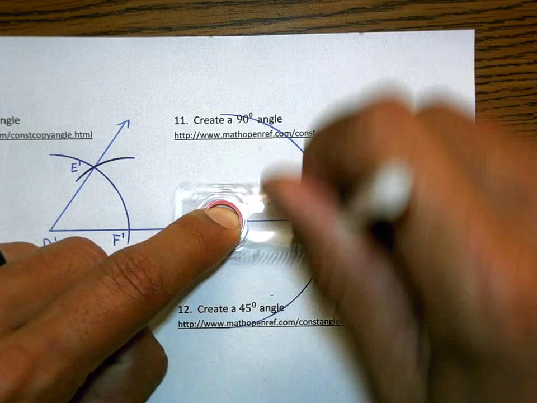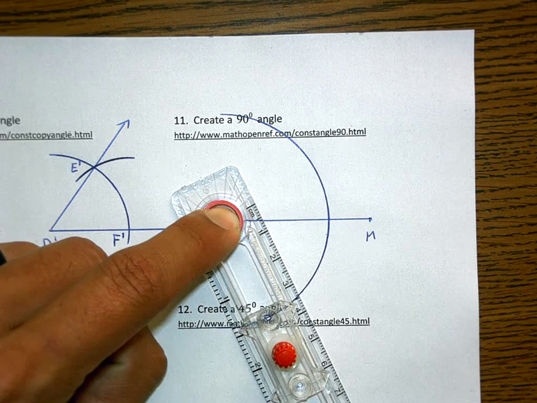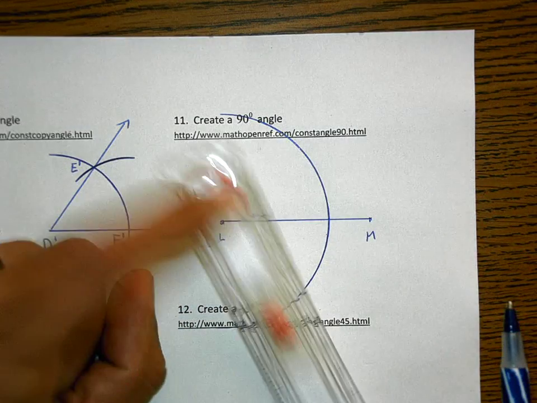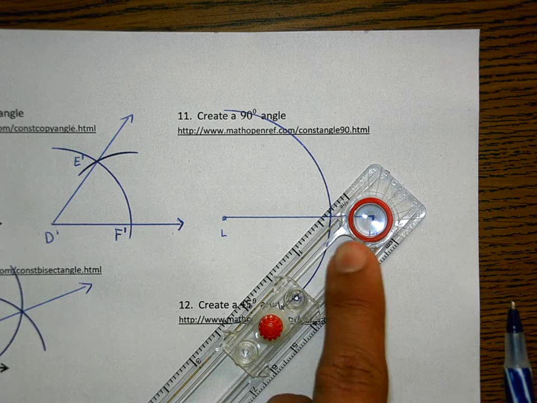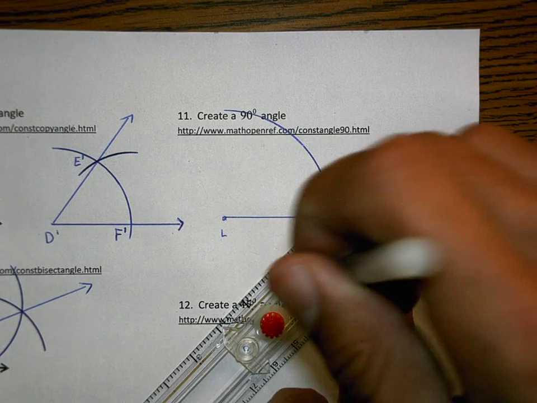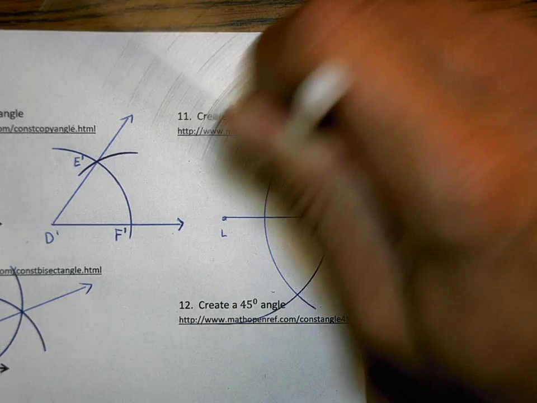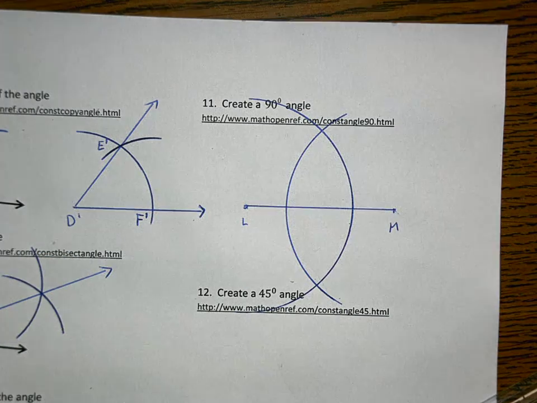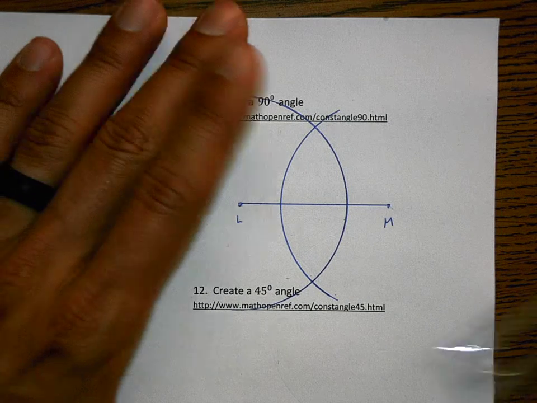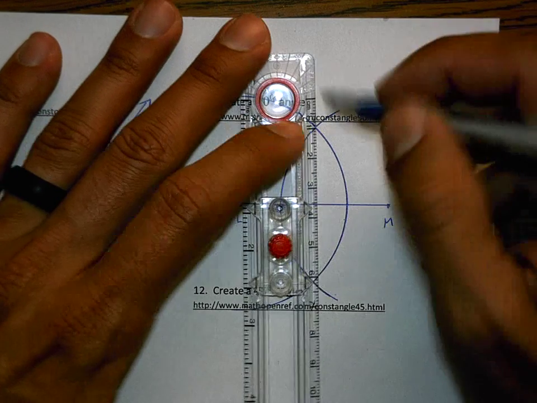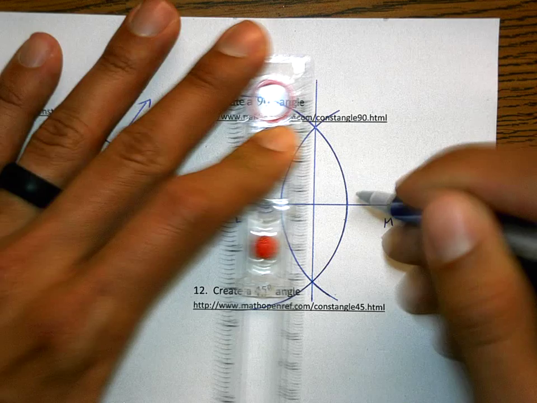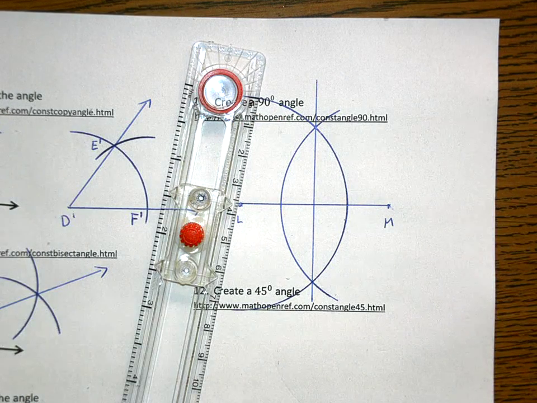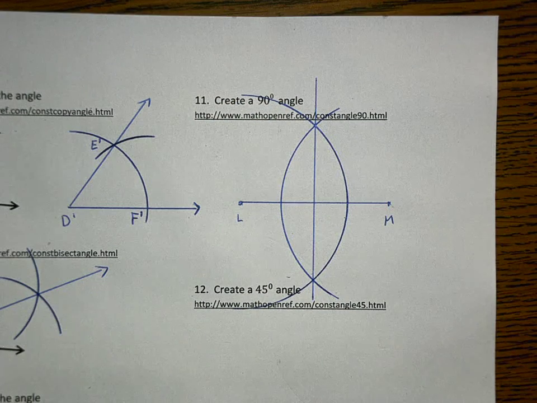I'm going to use more than halfway from L, and then I put the bullseye on M, and I go more than halfway from M, same distance. And what do we have when we connect the dots? Connect the X's, a right angle, which is a perfect 90 degrees.